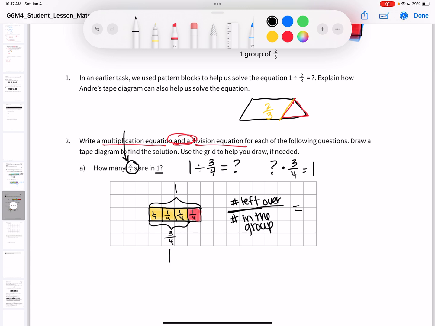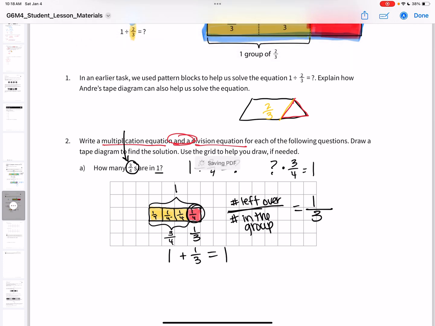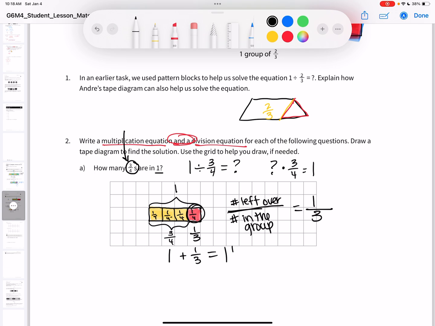Well, there's 1 left over. And how many are in my group? 1, 2, 3 are in my group. So this is a third of the group. So it's 1 plus 1/3, which is 1 and 1/3. So how many 3/4 are in 1? 1 and a third. This is my answer.